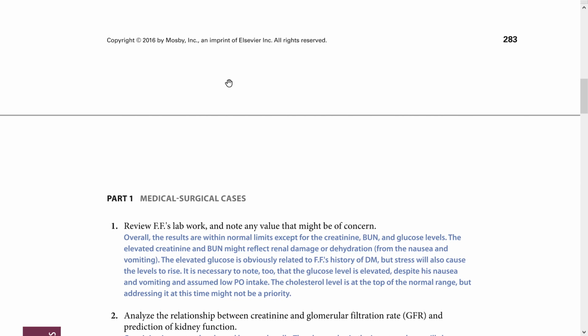Well, GFR is where the whole process of making pee begins. So we need that area to be functioning in order for the kidneys to filter appropriately. It does play a role with some of our other vitals. However, in this particular case, we're looking at the effects of the kidneys being able to filter and work appropriately.